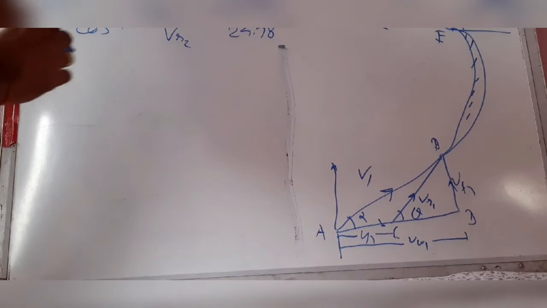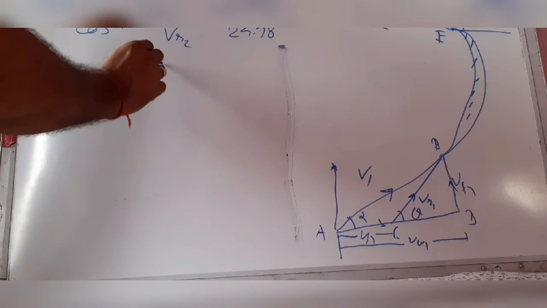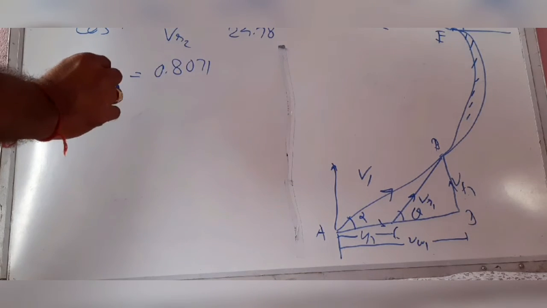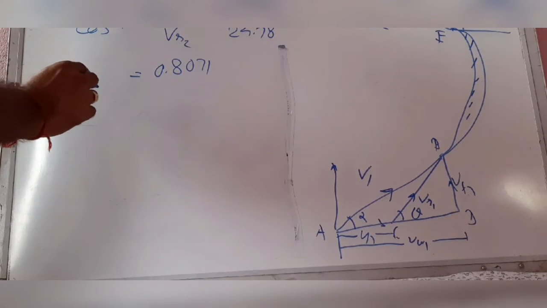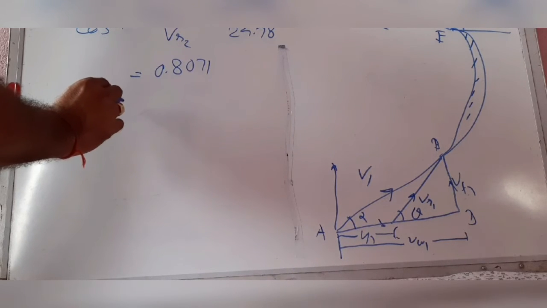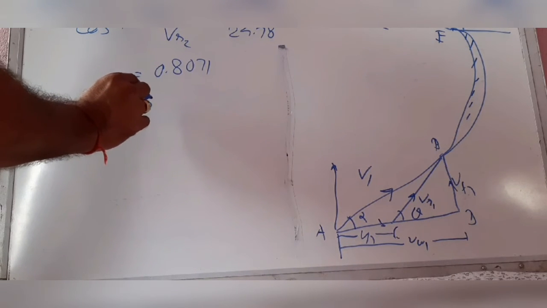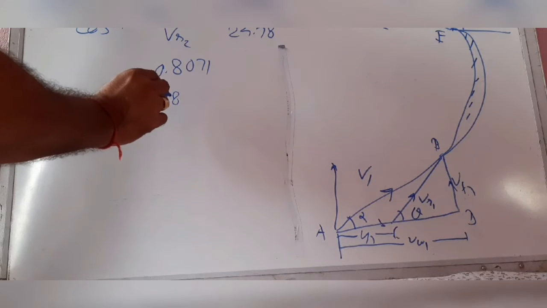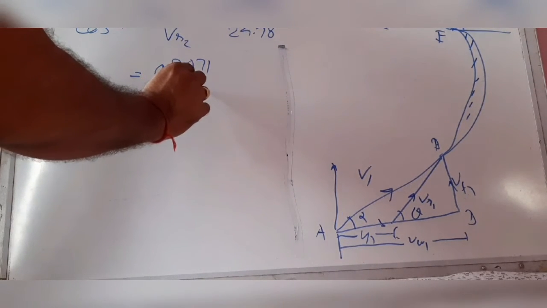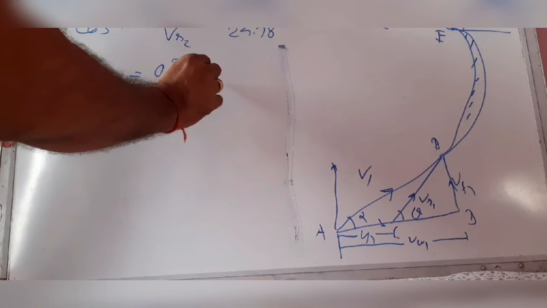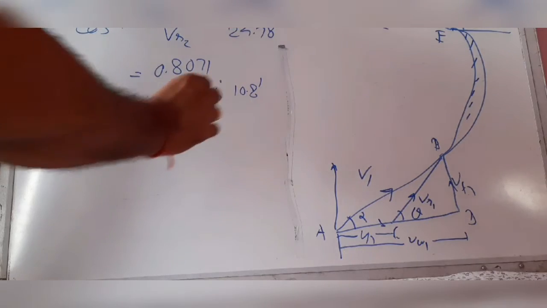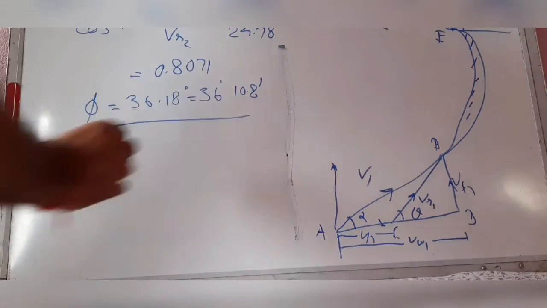Then this comes 0.8071. So the value of phi, the angle at outlet, comes 36.18 degree, or we can say 36 degree 10.8 minute.